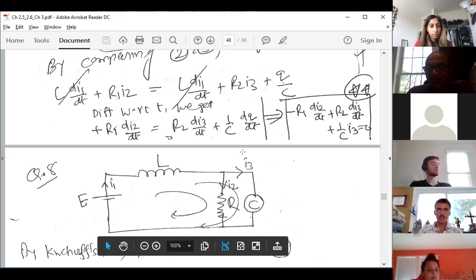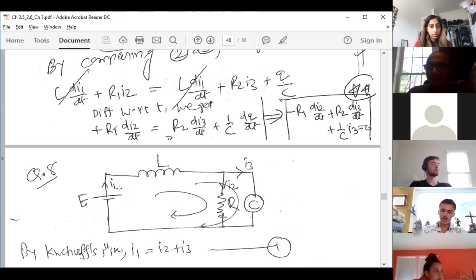In the loop of A, B, G, H, A, current passes through inductance, which is L times di1 by dt.